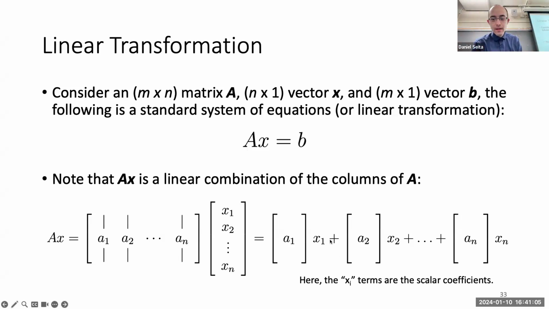So the x's are all scalars, while the brackets indicate column vectors. And hopefully this way of rewriting the system of equations is also clear. So AX is equal to the linear combination of the columns weighted by the x's. Take another look at that if it's not immediately clear.